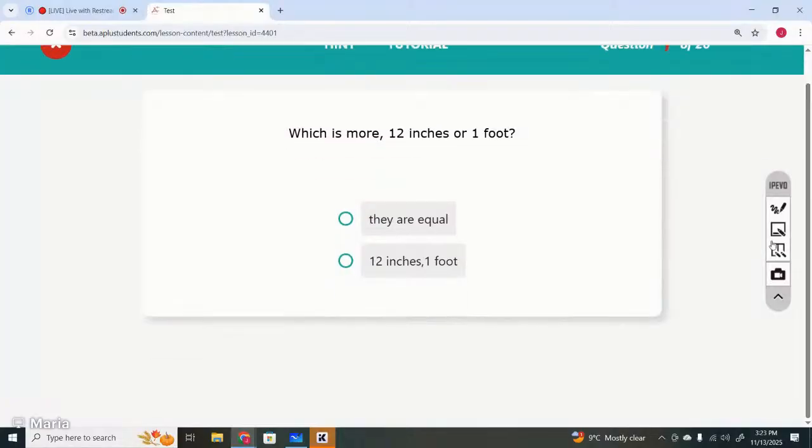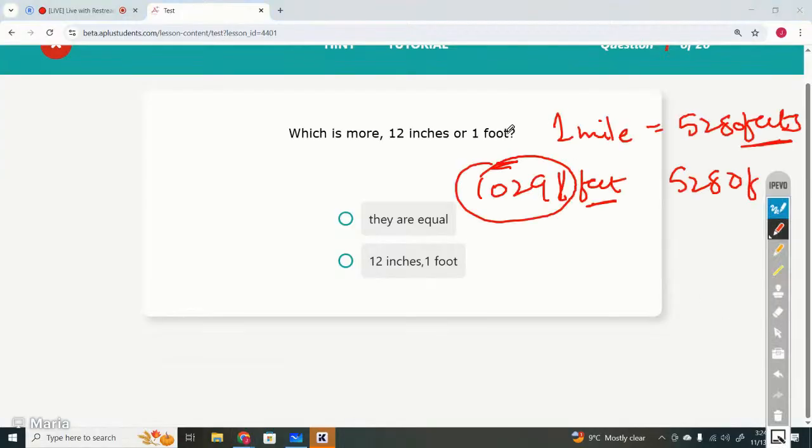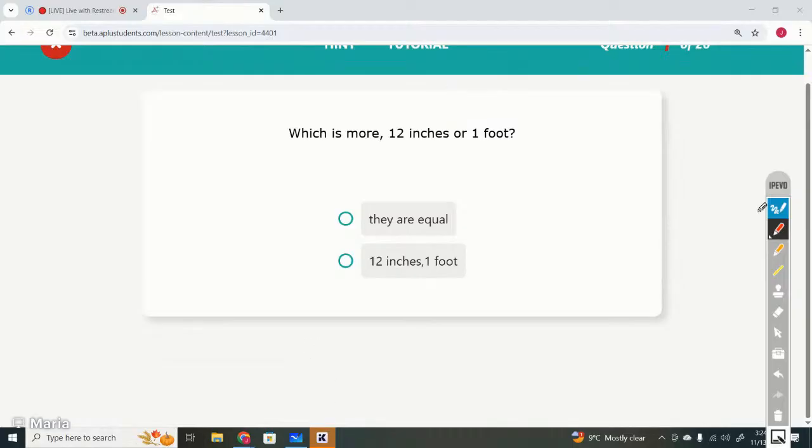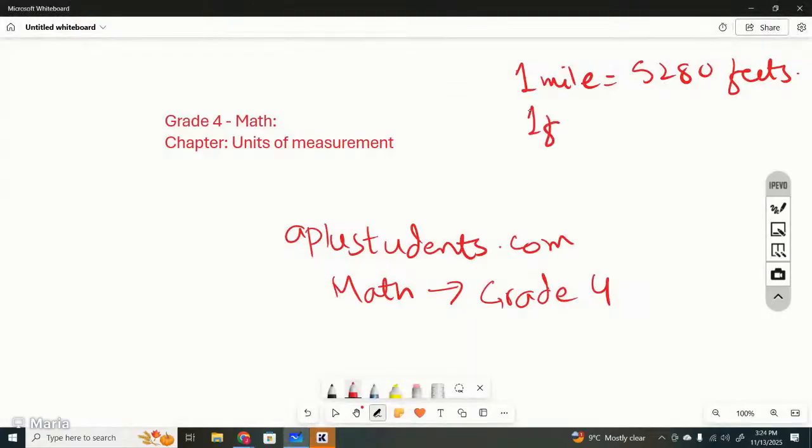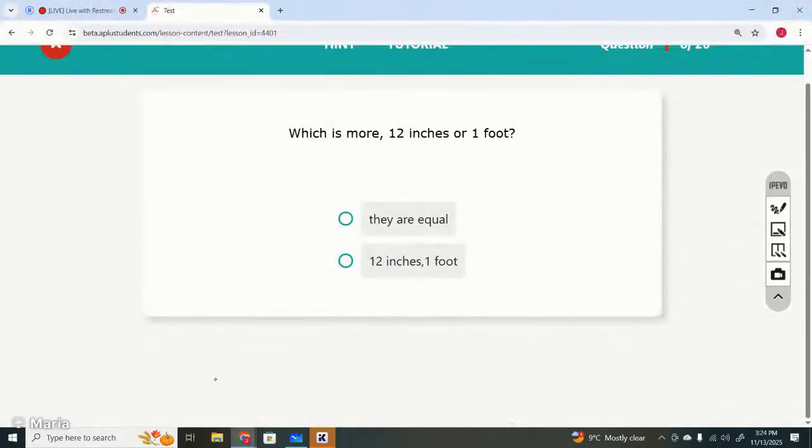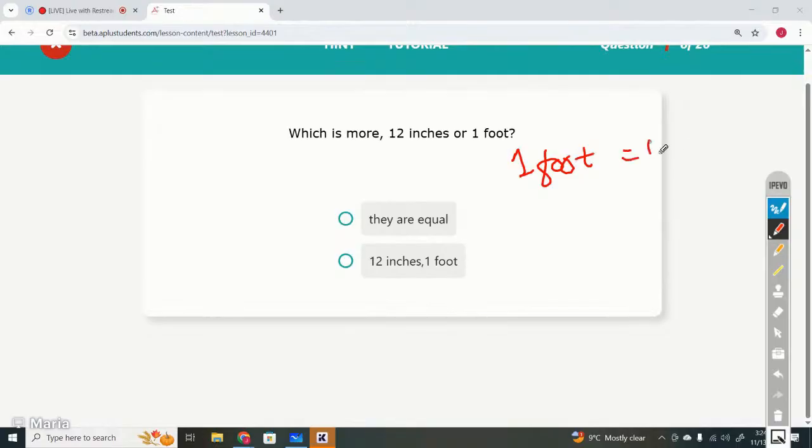Which is more, 12 inches or 1 foot? So 1 foot equals 12 inches.